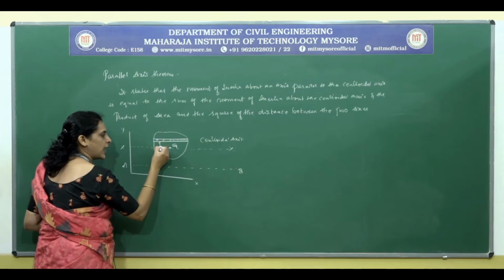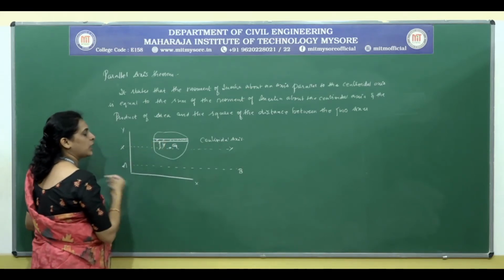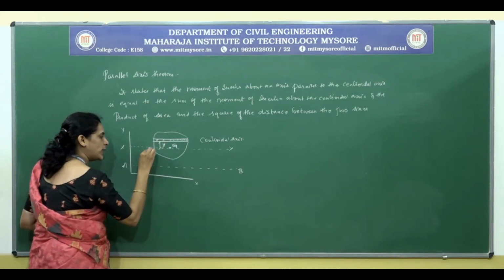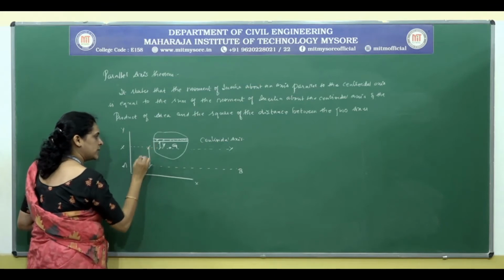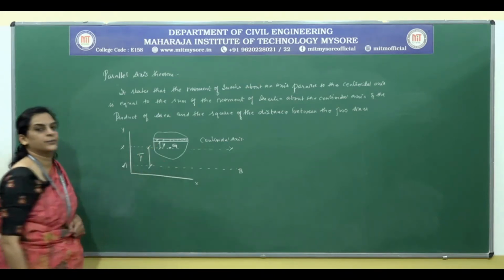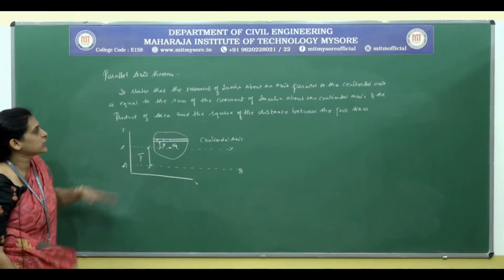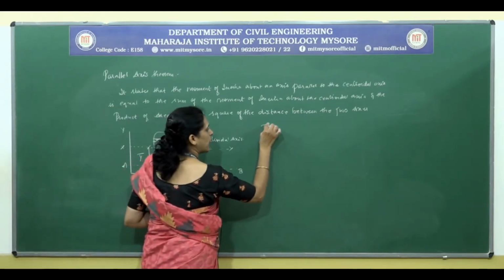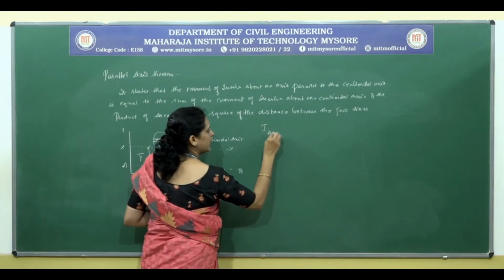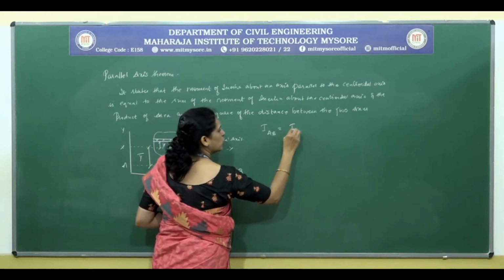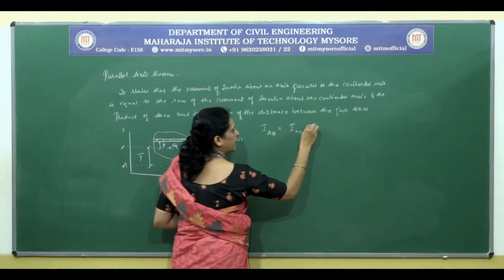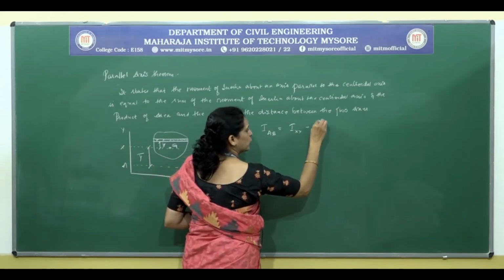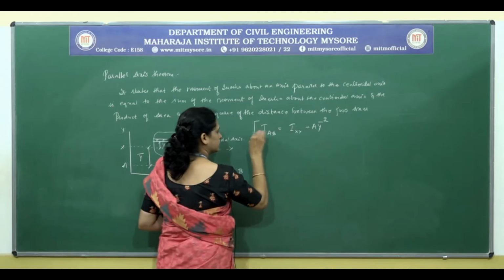We'll name that as y, and the distance between the two axes is y bar. So now as per the definition, we'll have to prove that IAB is equal to IXX plus A into y bar square.